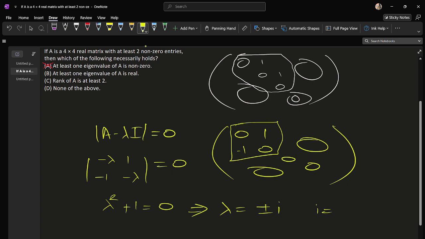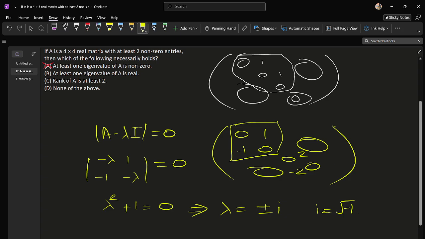And our i is what? Which is root over of minus 1. Then the eigenvalues of this block will be minus i and minus i, and these are 0 and 0. So there is at least one eigenvalue of A that is real. Okay. So if we take this block matrix also like this, and let us make it minus 2 and 2.